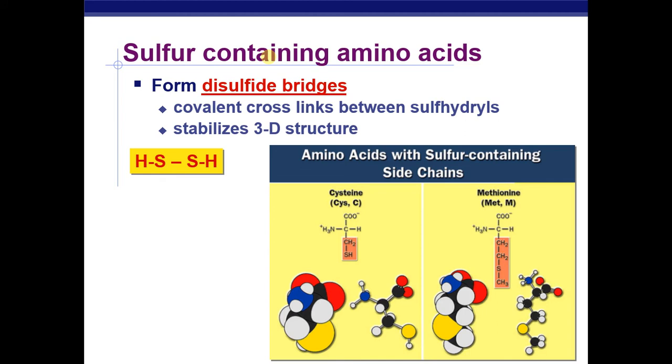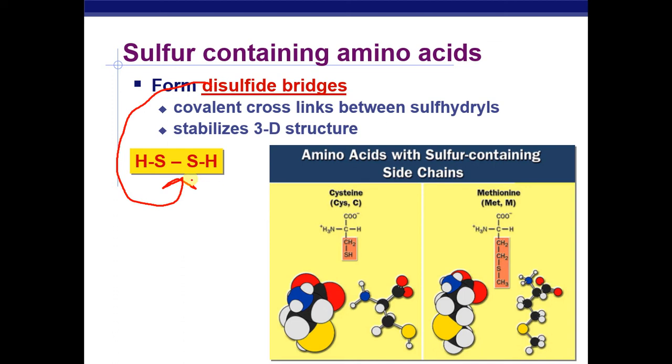Now, there are two special amino acids, cysteine and methionine, that contain sulfur and can form disulfide bridges. This is what a disulfide bridge is right there.